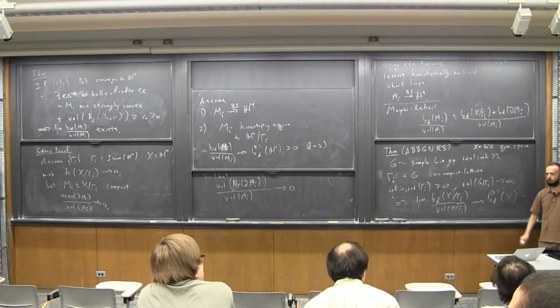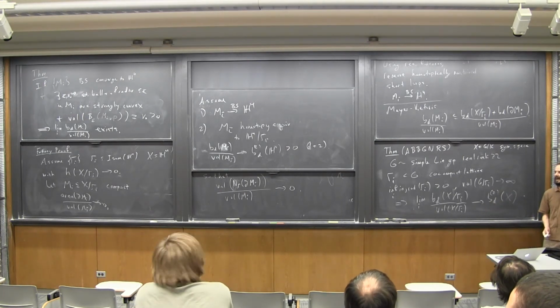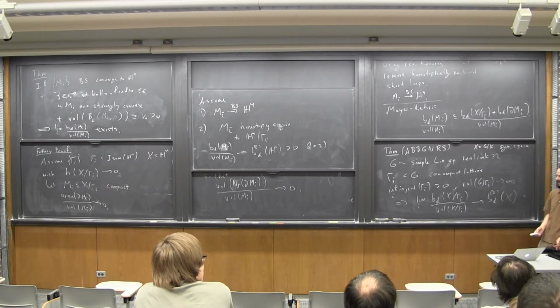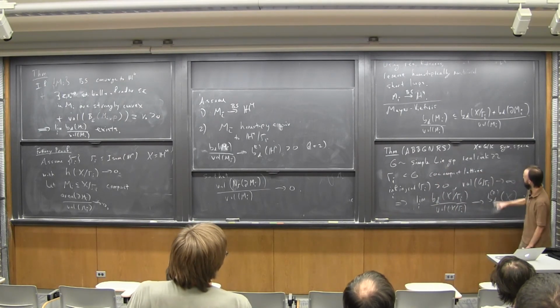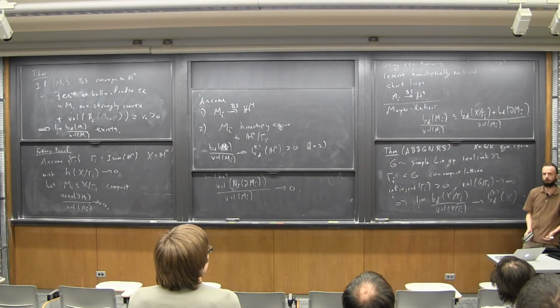Those are the one case of buildings we can compute. That's Alexander's work. When X is hyperbolic space, this doesn't actually apply because we need real rank at least 2.